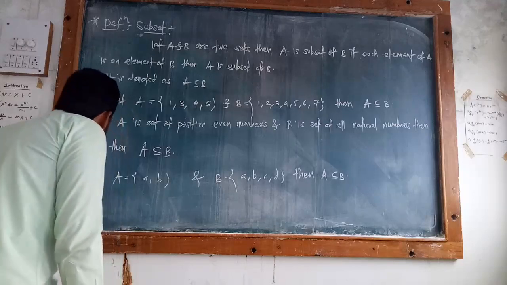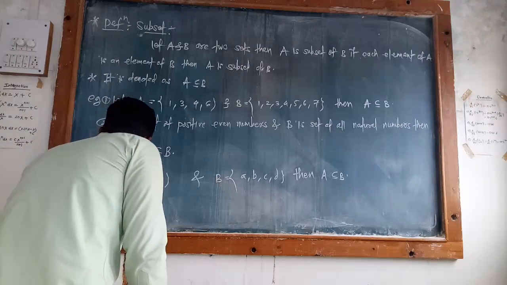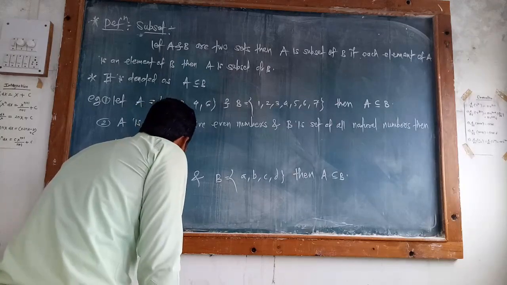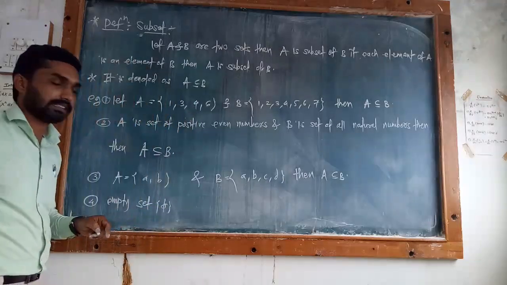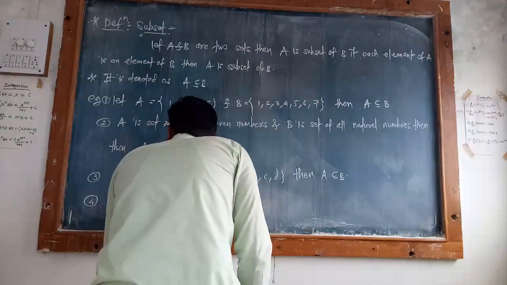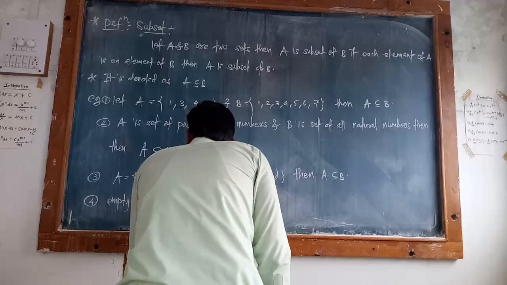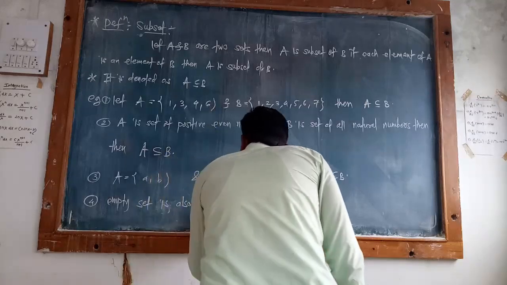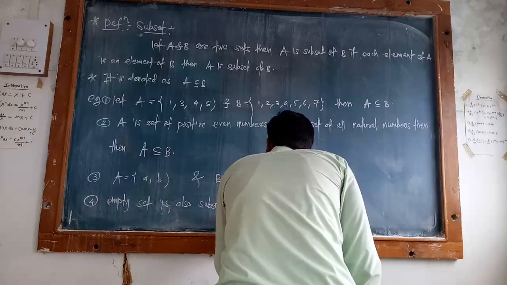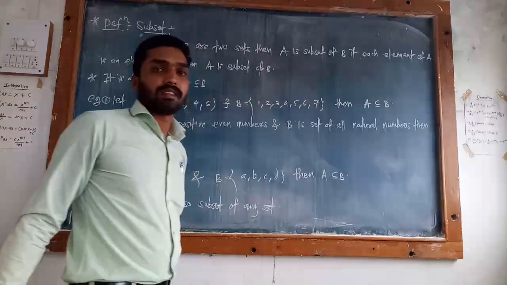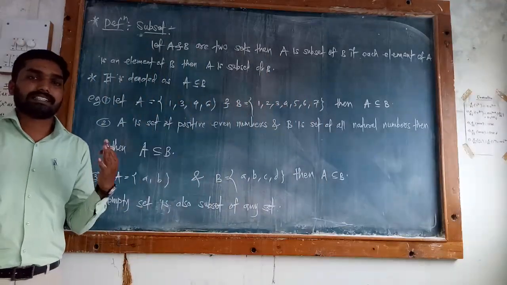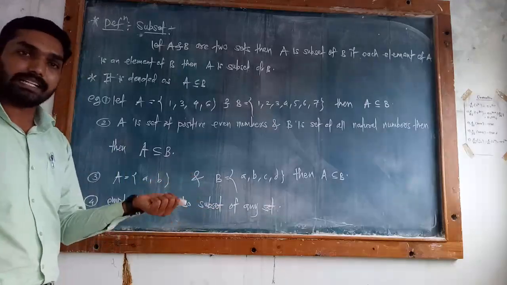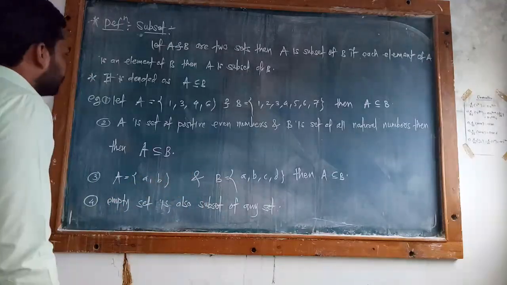So, the fourth example, that is the empty set, which is denoted by the empty set symbol. The empty set is also a subset of any set, because the empty set means there is nothing forming that set. The empty set is also a subset of any set.